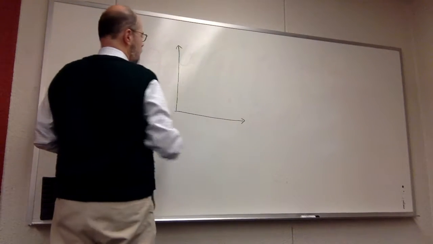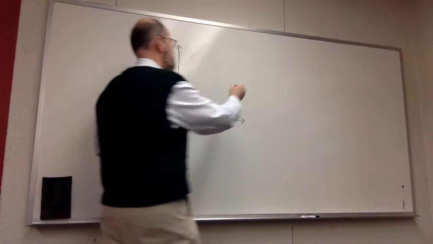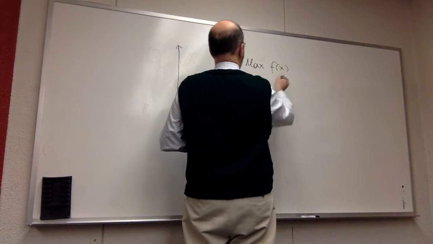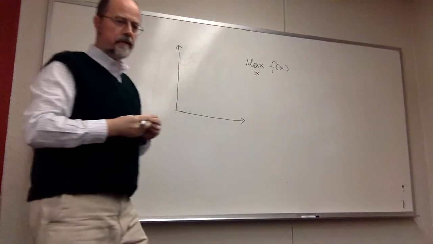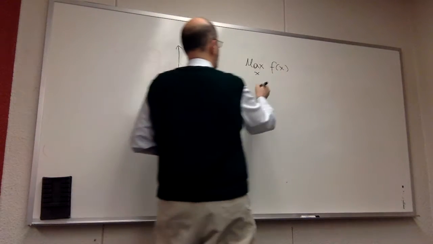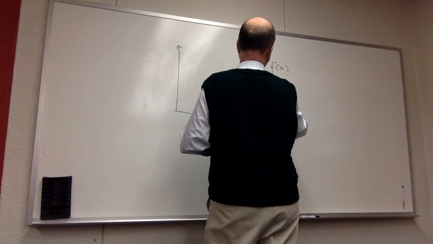So I'm going to consider a very simple maximization problem with one variable. By choice of x, I'm going to maximize this thing, and assume that there is a constraint.